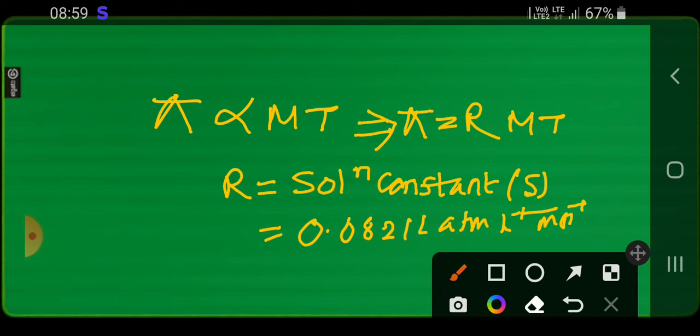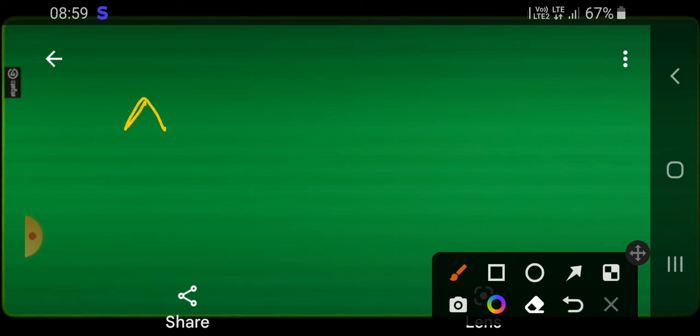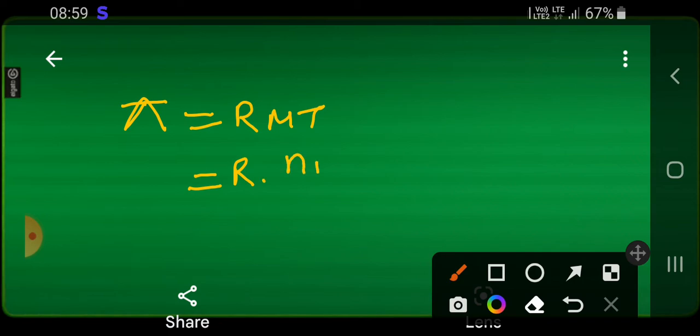So the next part of the expression we have already derived, pi equals CRT. In place of molarity we can write n_B by V liter, and temperature.